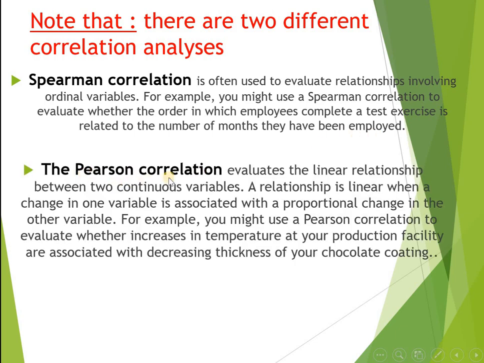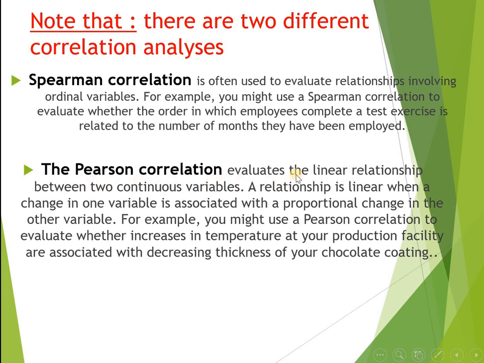But Pearson correlation evaluates the linear relationship. Linear means increase together, decrease together, same direction or opposite direction, direct or inverse.